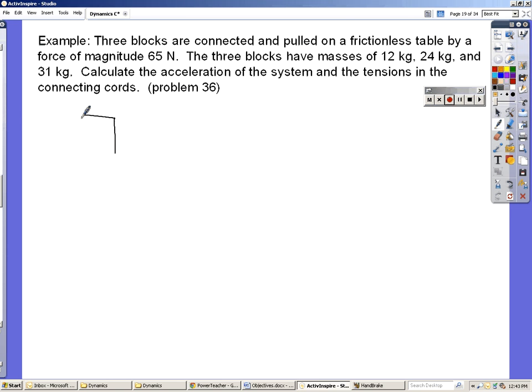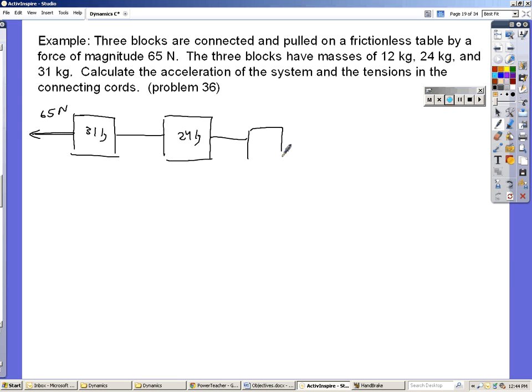So we're going to have a force of 65 newtons here. It's a 31 kilogram block. It's tied to a 24 kilogram block, which is then tied to a 12 kilogram block. We want to find the tension here, and the acceleration of the system.